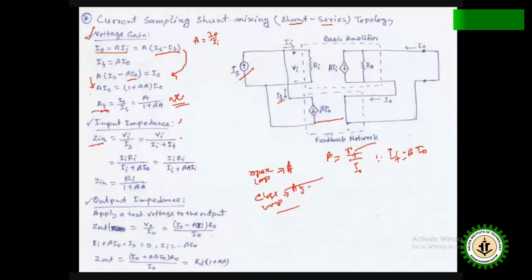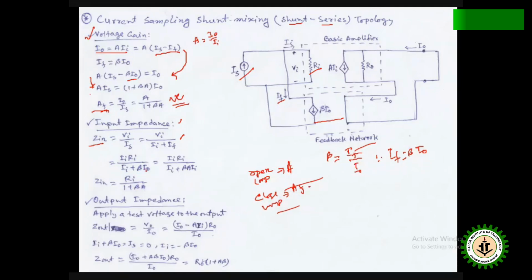IS we can write again as Ii plus IF. So we can write Vi is equal to Ii into Ri, because we know the input resistance is Ri, and IS is Ii plus beta I naught, because IF we know is beta I naught.